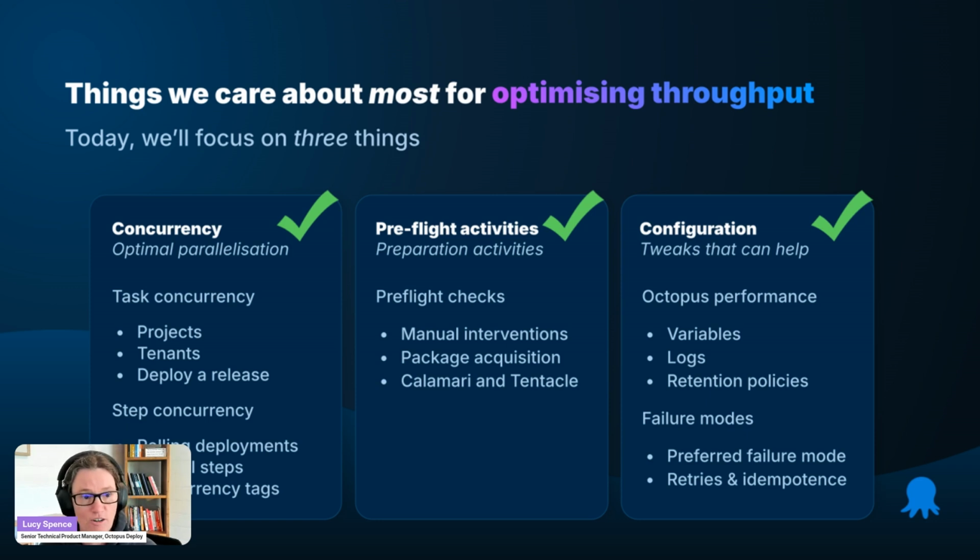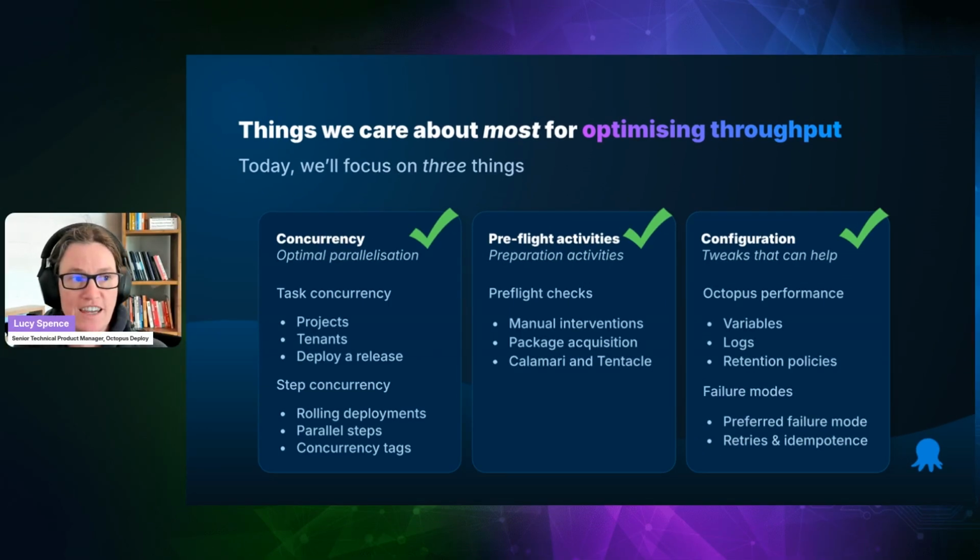That is pretty much all I wanted to cover in terms of thinking about how you can optimize your throughput, and the features that we have that will support that. And I hope that's been useful and given you a bit of a whirlwind tour. I know there was quite a lot there, and it's not necessarily the most enthralling topic.